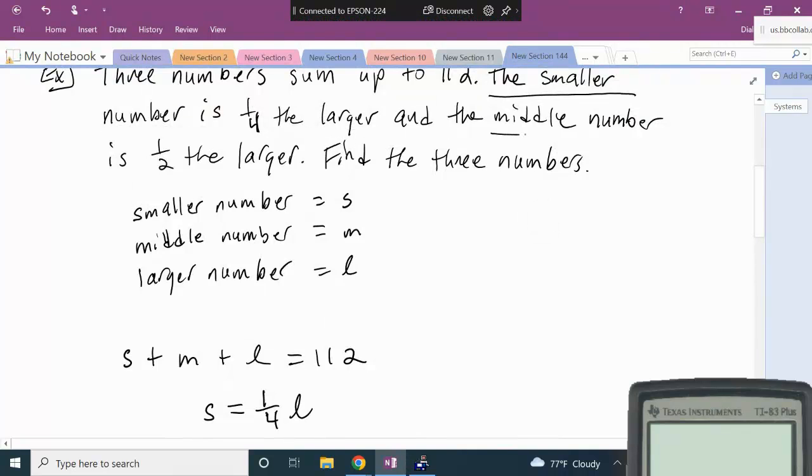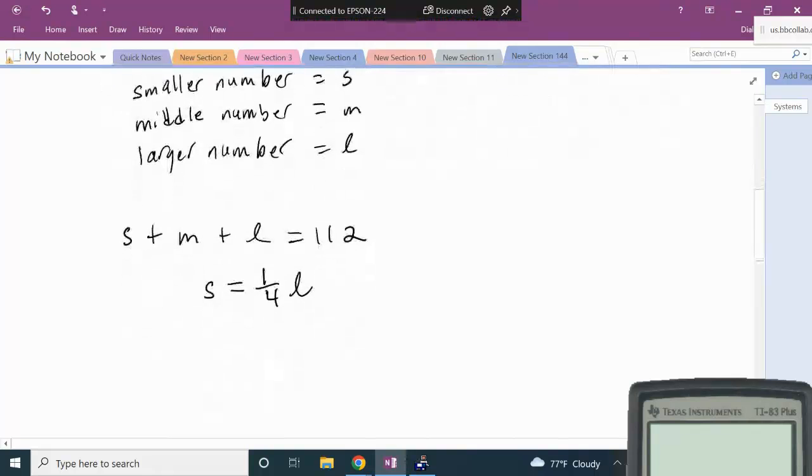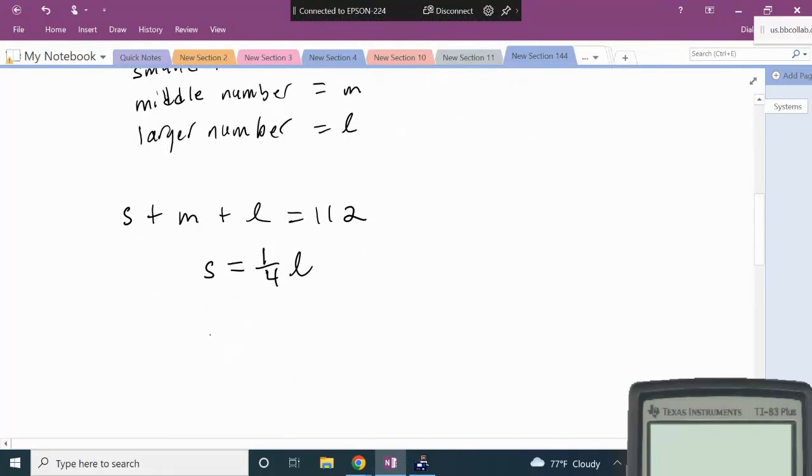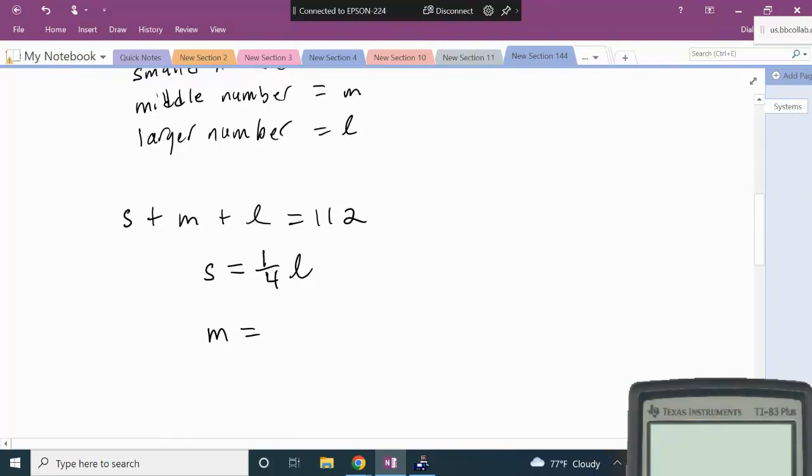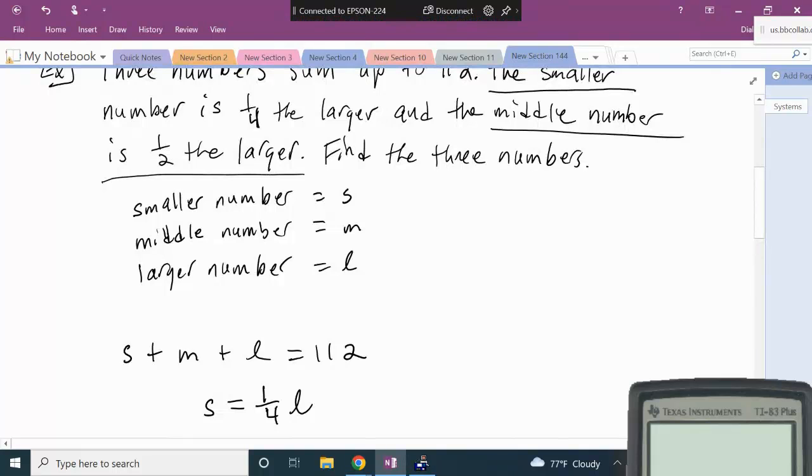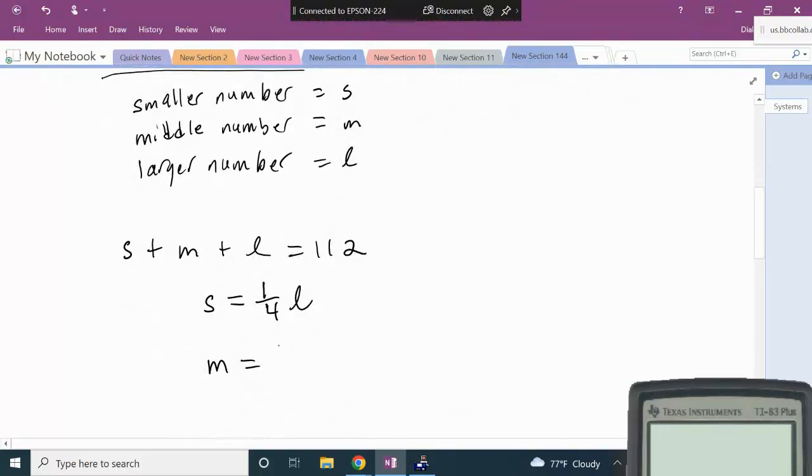It says the middle number is 1/2 the larger number. So the middle number equals 1/2 the larger number.